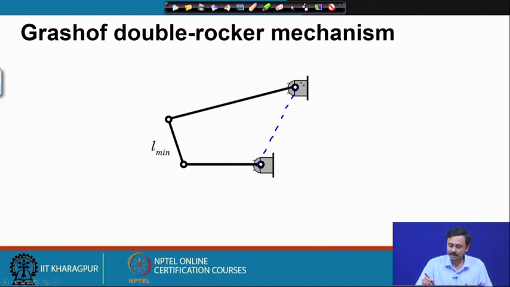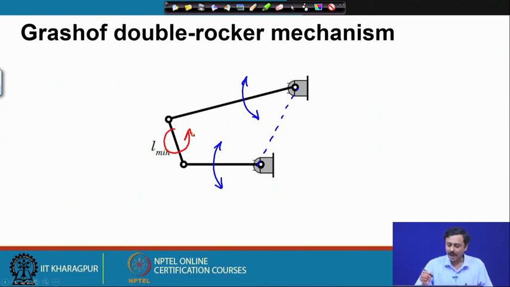Since other than L min, if you take any two links, they will rock, therefore, this will also rock and this will also rock with respect to the ground link. L min of course will rotate completely.